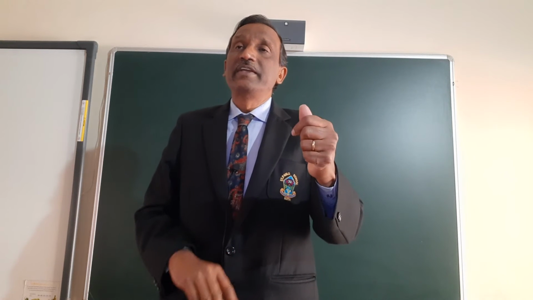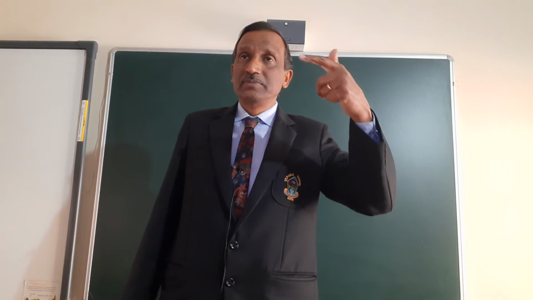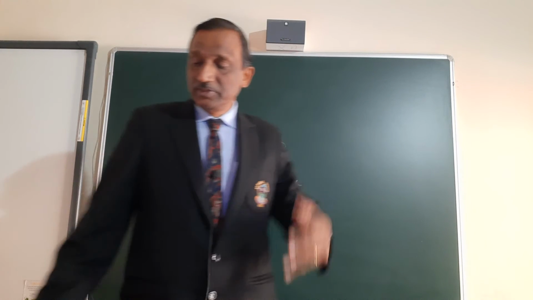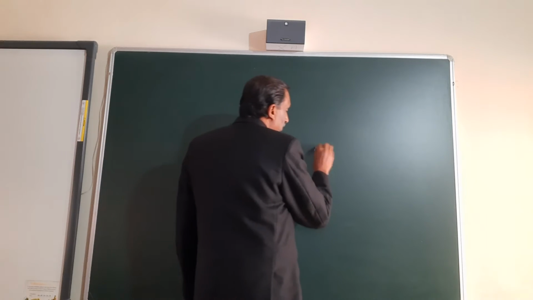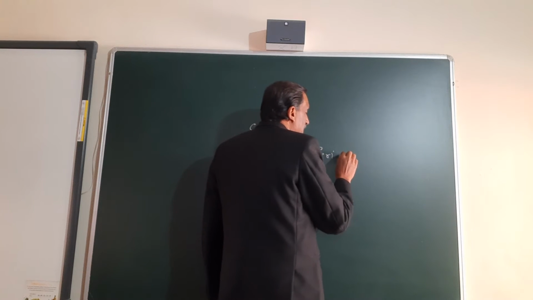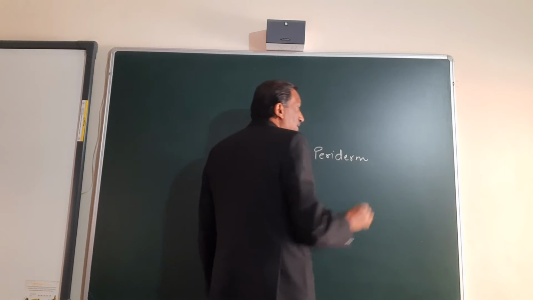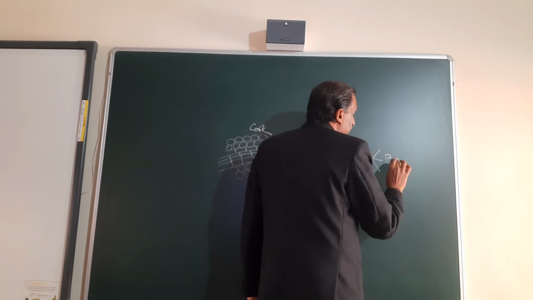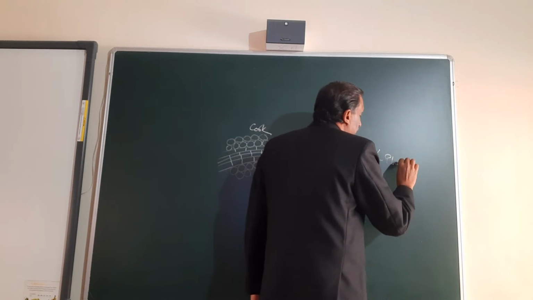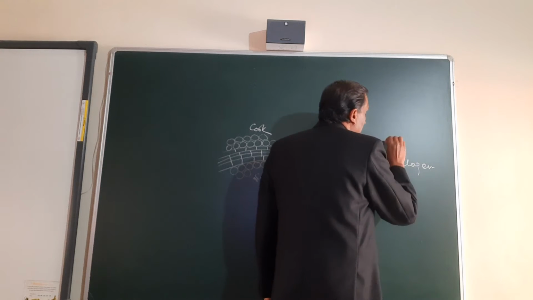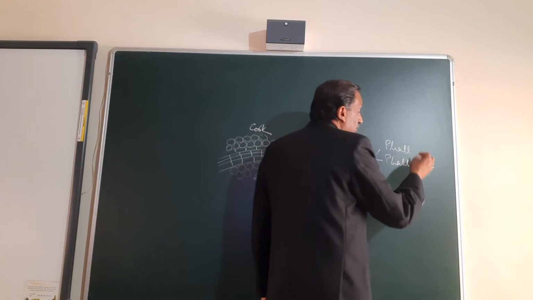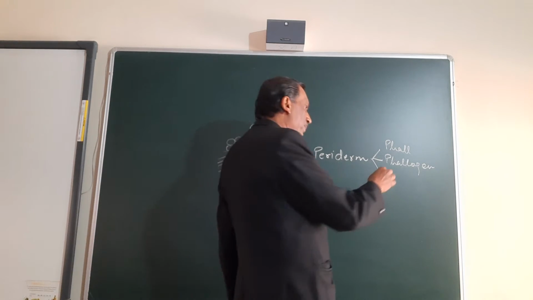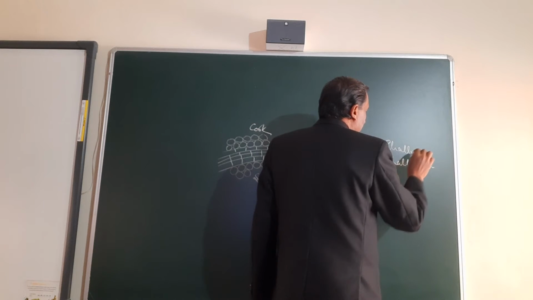And together these three, what three? That is the phellem, the phellogen and the phelloderm. They will be called periderm. Peri means surrounding, derm means skin or the outermost layer. Phellogen, PH. Phellem spelling, that is EM, and phelloderm.